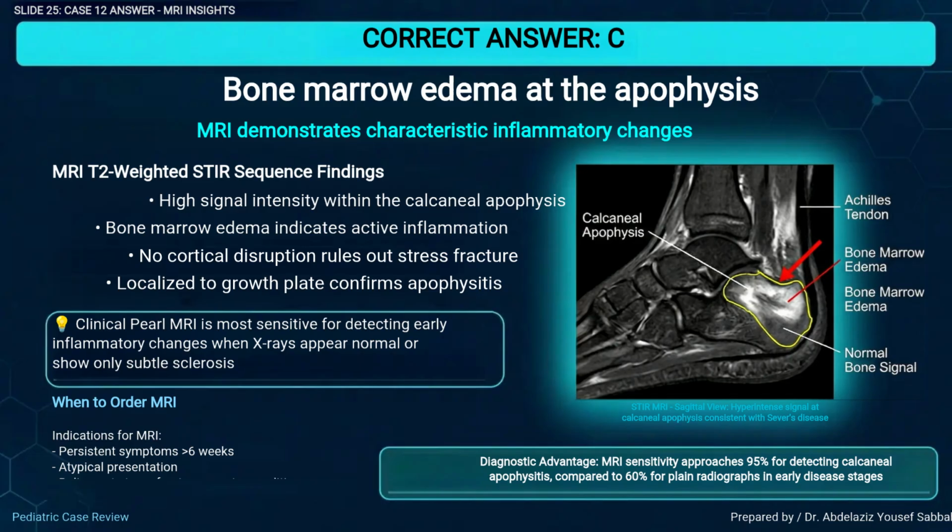Indications for magnetic resonance imaging include persistent symptoms beyond 6 weeks, a typical presentation, and the need to rule out stress fracture or osteomyelitis. Magnetic resonance imaging sensitivity approaches 95% for calcaneal apophysitis, compared to 60% for plain radiographs in early disease stages.